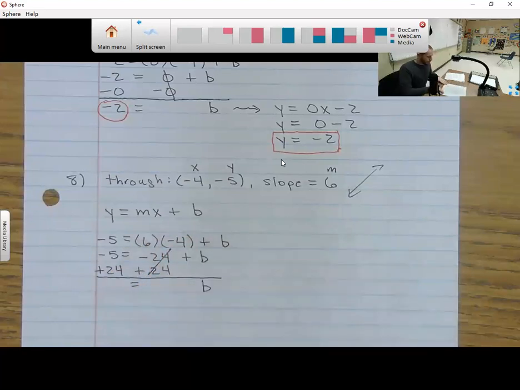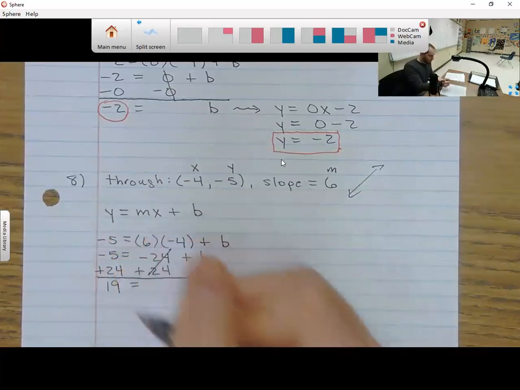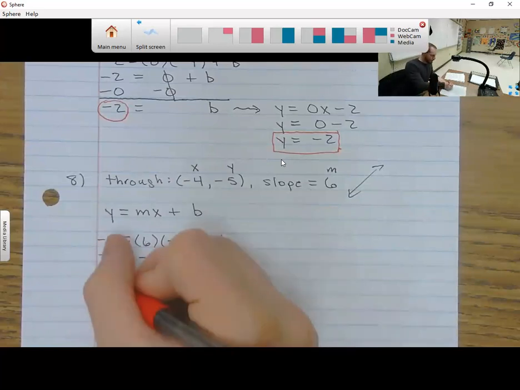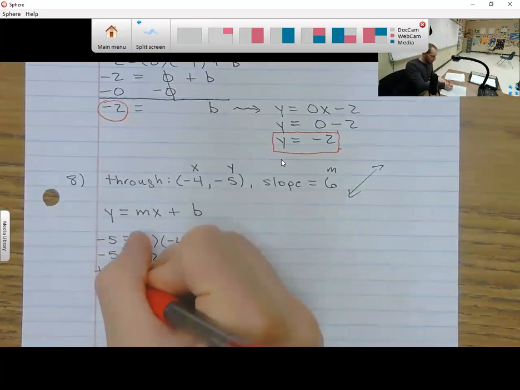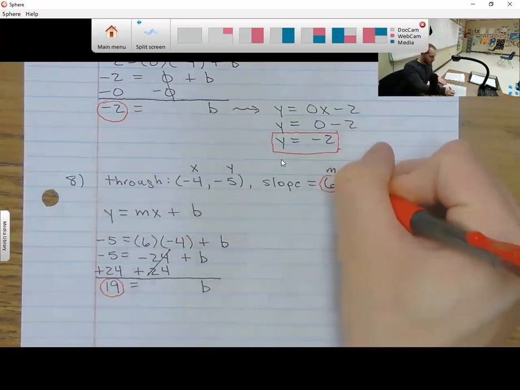And then over here, I get 24 plus negative 5. That would be 19. So now I know what b is. B is going to be 19. That's the y-intercept. And I know that the slope is 6. That's going to be my m up here.